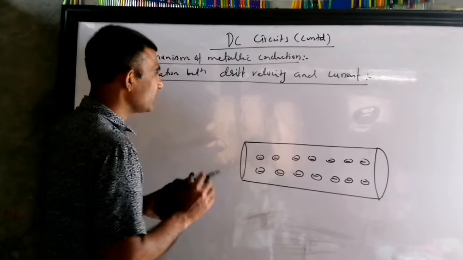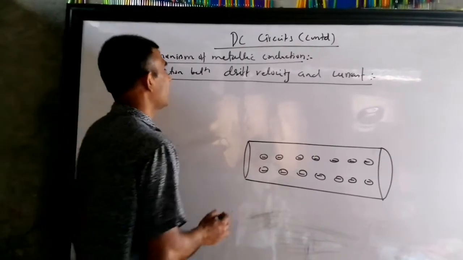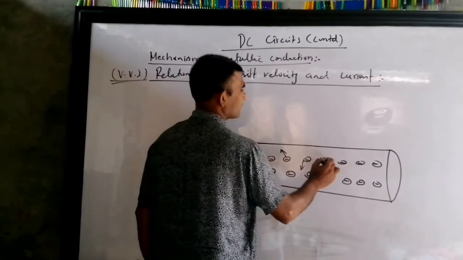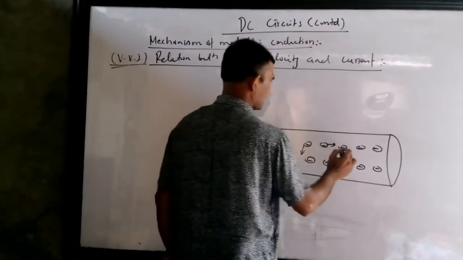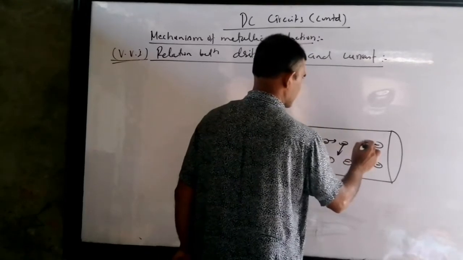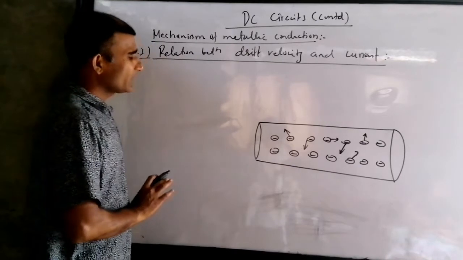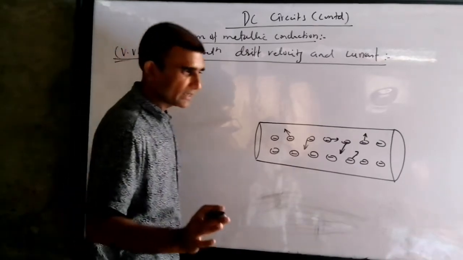These electrons are free electrons, and they can move in any direction. It can go up, some can go down, some toward the right, some obliquely. I told you random, you understand what random means.